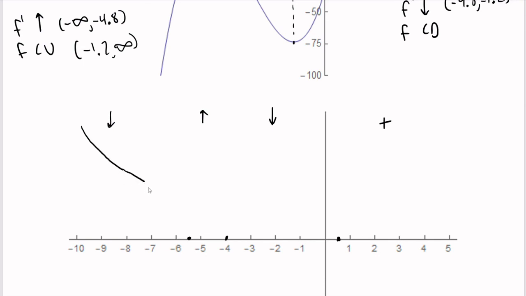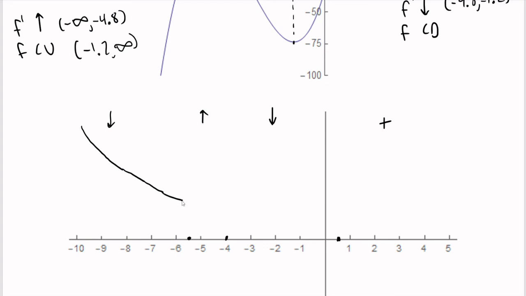What's the next thing that's going to happen to me? Well, I switch from concave up to concave down at negative 4.8, which is about right here. But before that, I'm concave up, increasing. So watch what happens. I'm concave up, but I'm decreasing.